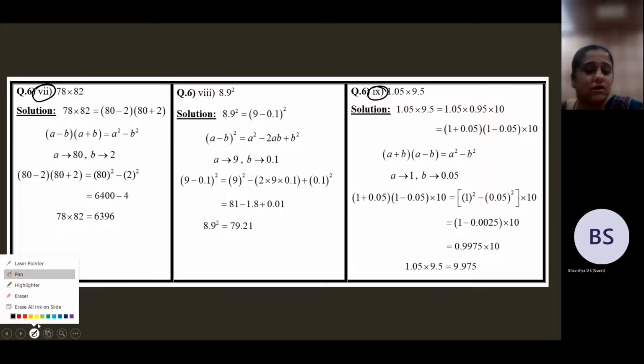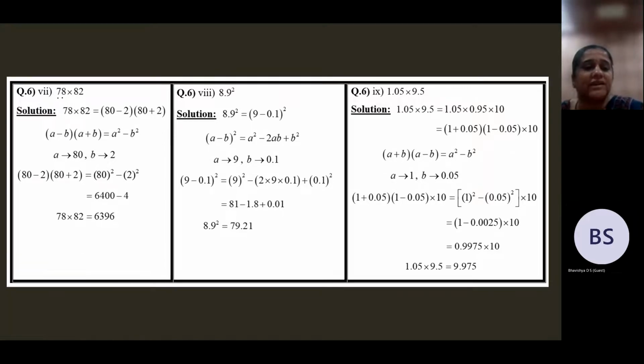Now, 78 and 82 are close to one another. But look at these two numbers, 1.05 and 9.5.